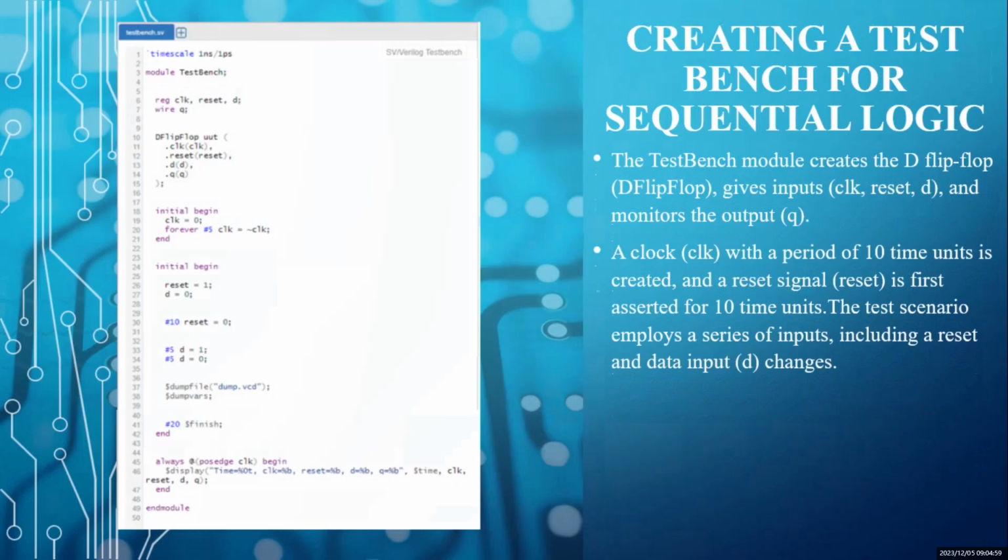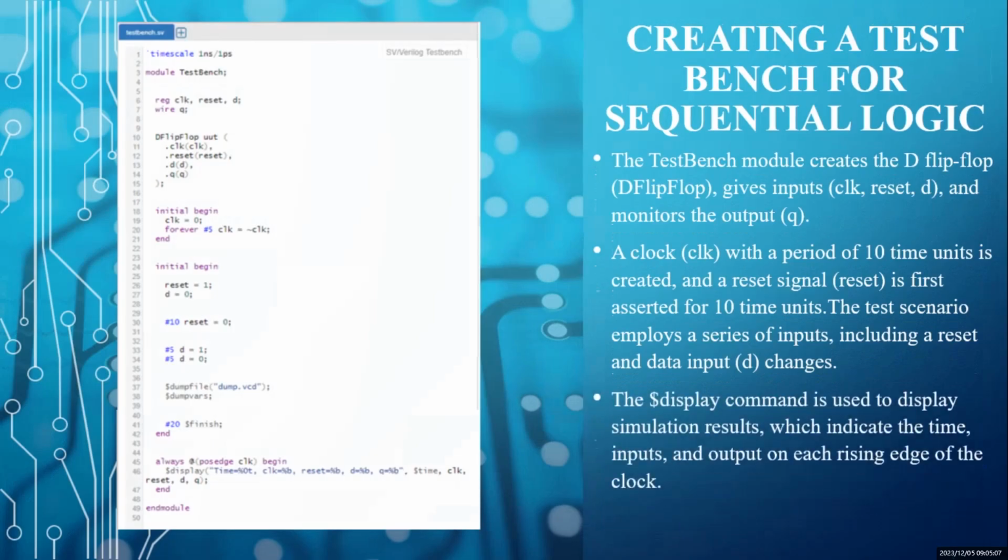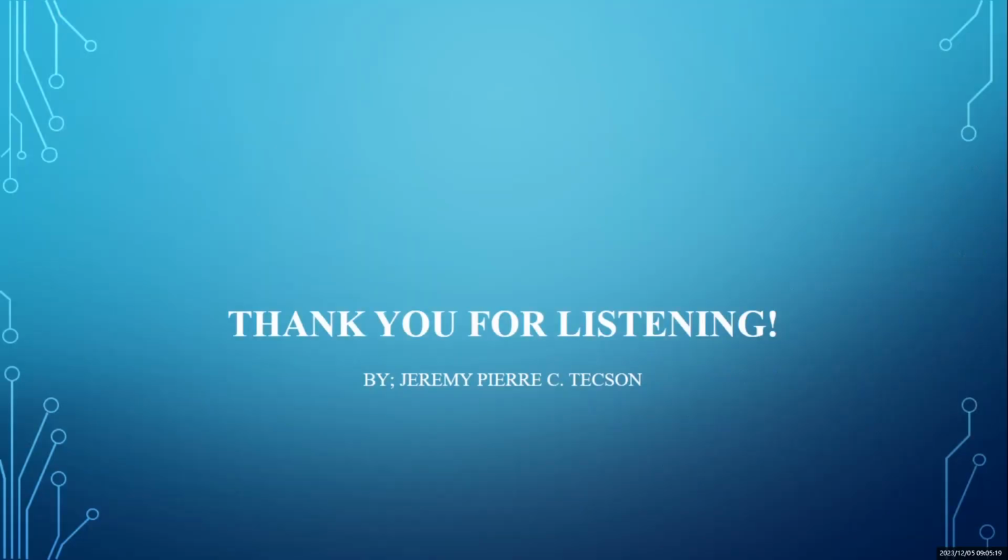The test scenario employs a series of inputs including a reset and data input or D changes. And the $display command is used to display the simulation results, which indicate the time, inputs, and outputs on each rising edge of the clock.